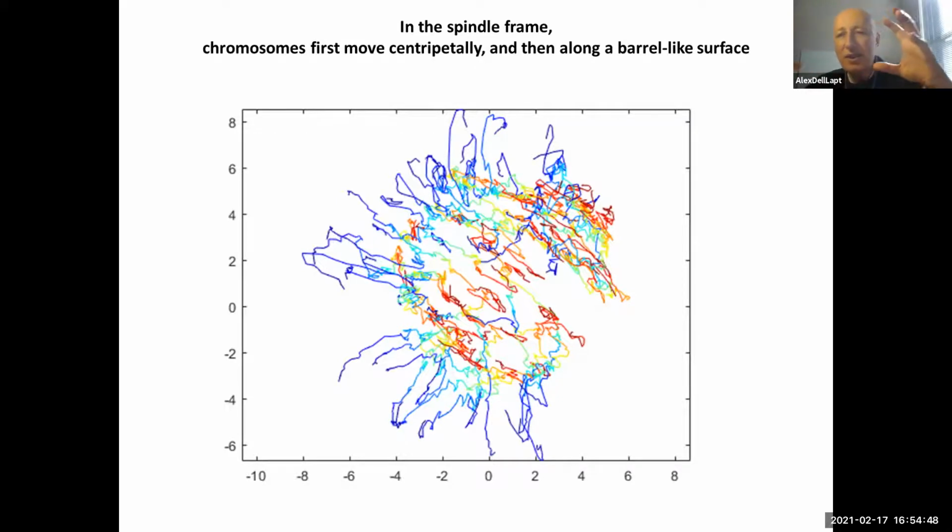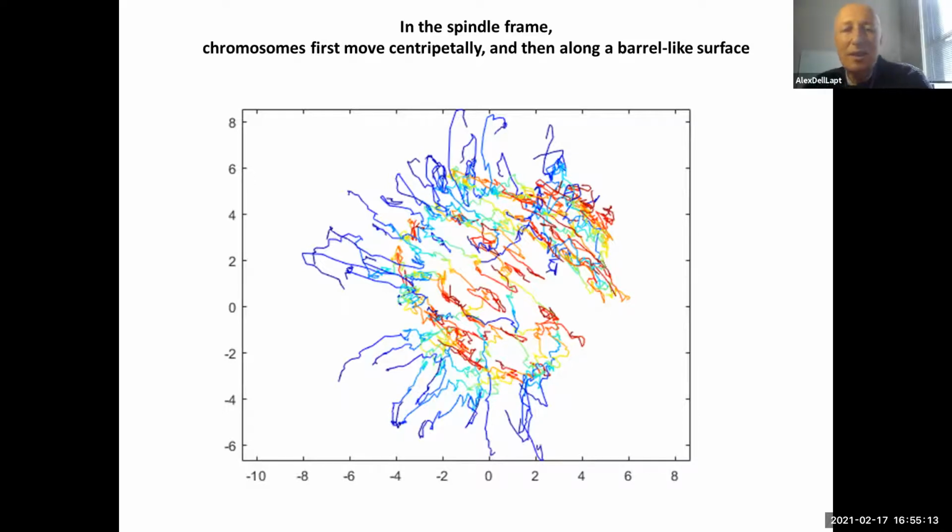It's kind of useless to look at those movies in the lab frame, because then everything heaves and moves around the cell in such a complex way, it becomes a mess. But if you move to the coordinate system which has the origin at the center of the spindle, and the z-axis between the two spindle poles, then everything becomes more clear.